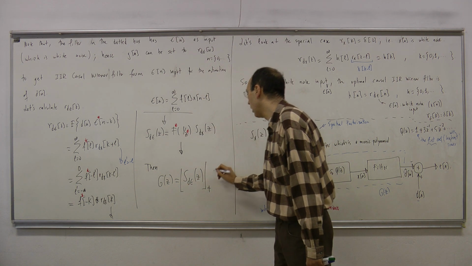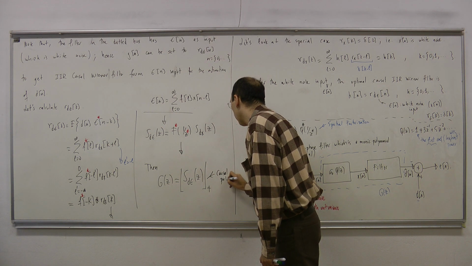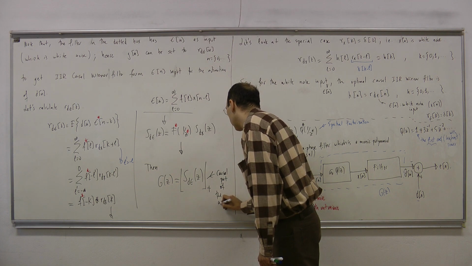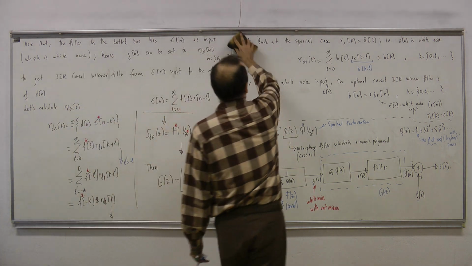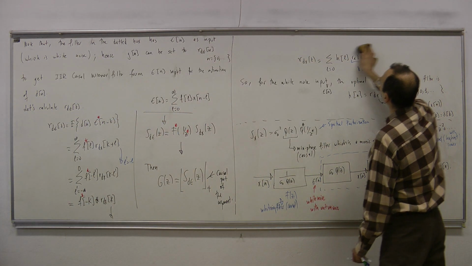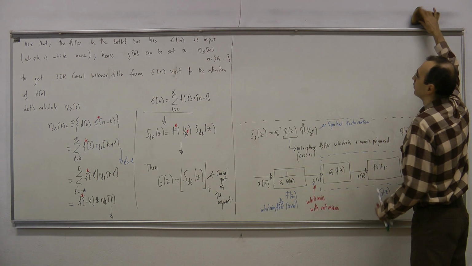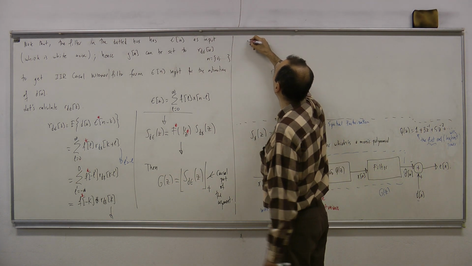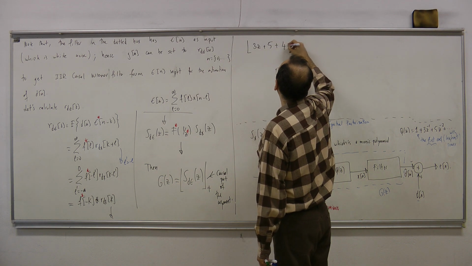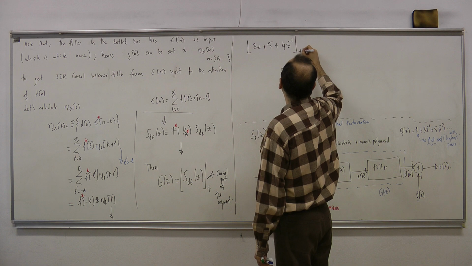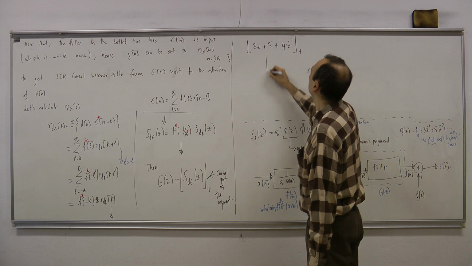This is like a new notation. So this takes the causal part of the argument. Let me explain. For example, if we have 3z plus 5 plus 4z inverse, and if you evaluate this causal part operator, then what do we have?